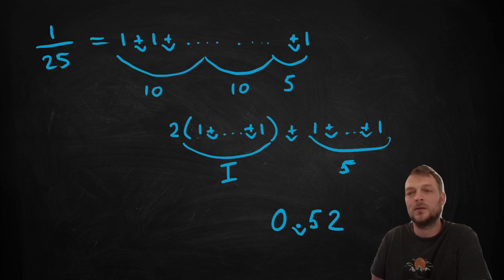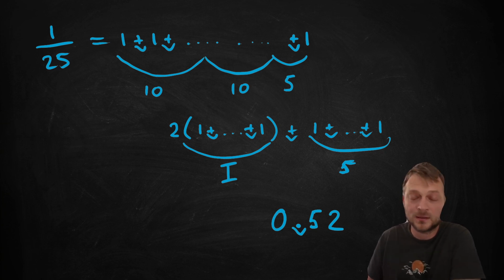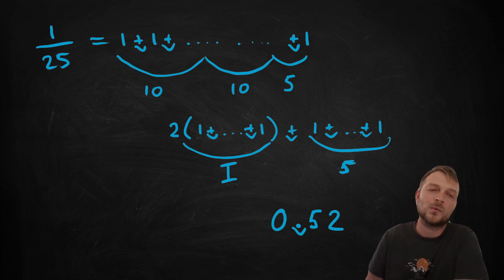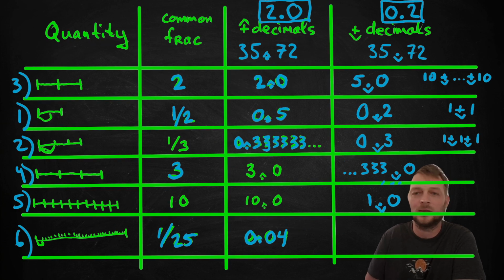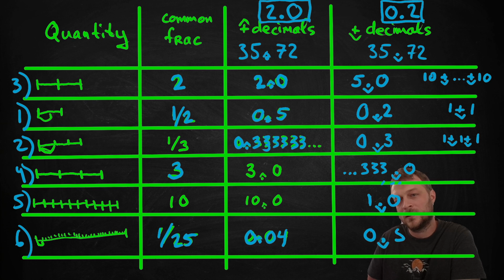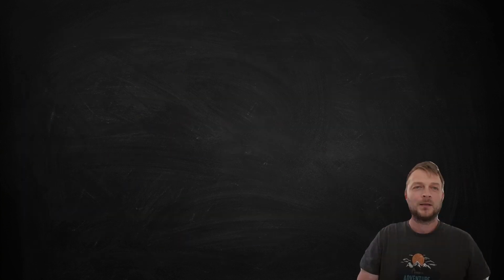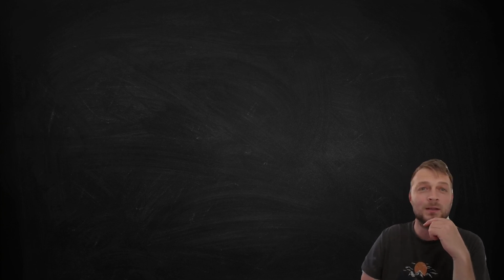And here is 0 for consistency of notation. So 1 over 25 is represented in our dual decimals as 0.52. Let's put it in here, 0.52.